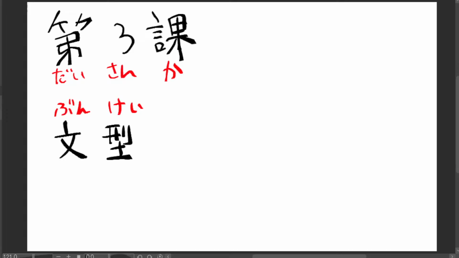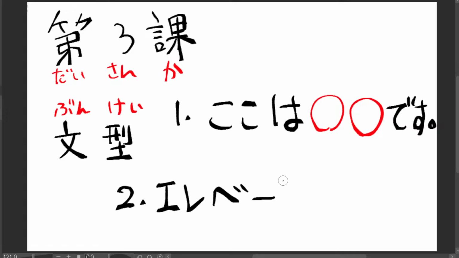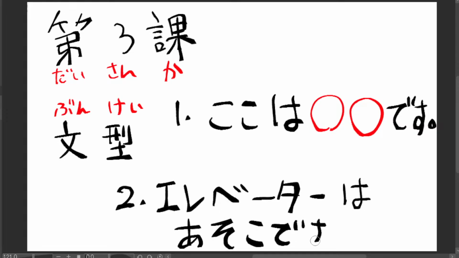Okay, so 第3課です。Chapter number 3. The sentence structure, bunkei, number 1 is ここは〇〇です。And number 2 is エレベーターはあそこです。ここは〇〇です means here is 〇〇.